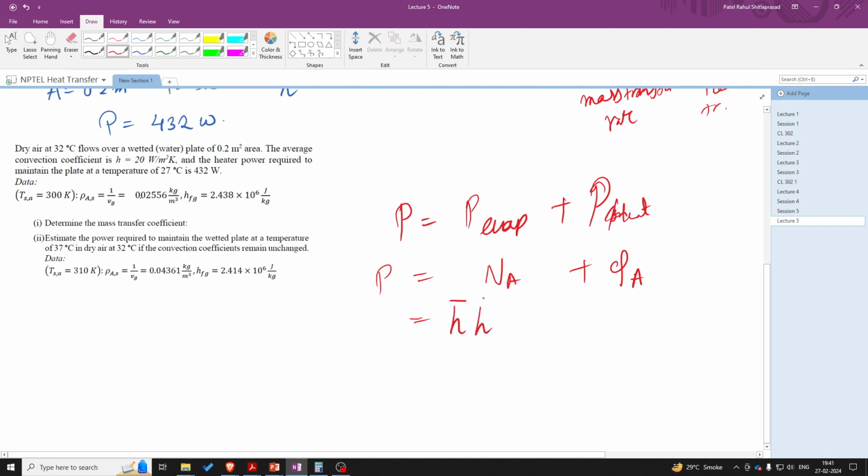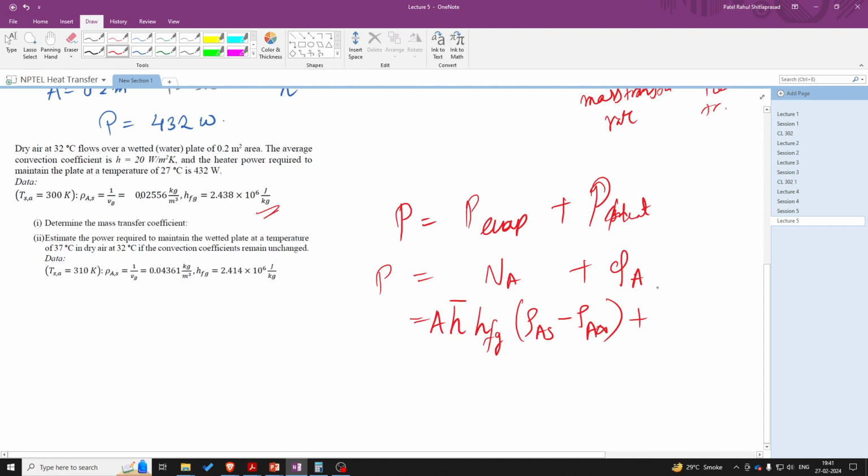Due to this evaporation we need to add this enthalpy, that is h_fg, and there will be this concentration difference, that is rho_A,s at the surface of the plate minus rho_A,infinity in the dry air. Basically here we will also have area.